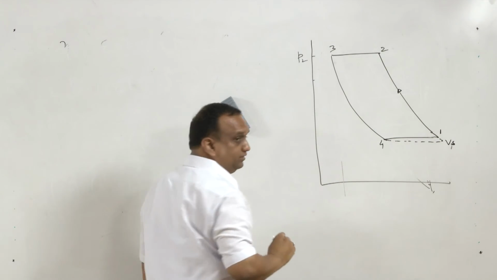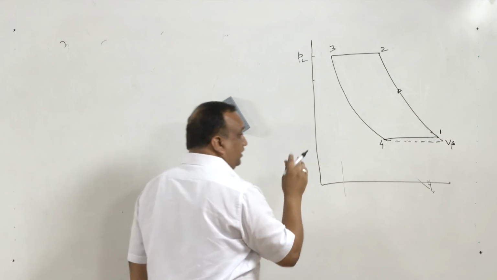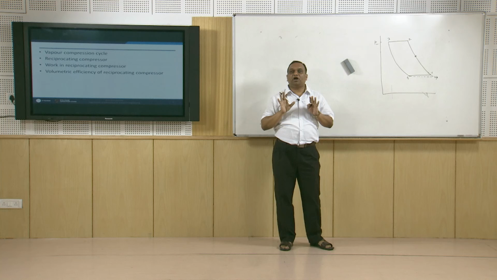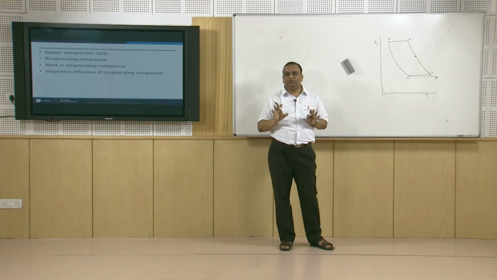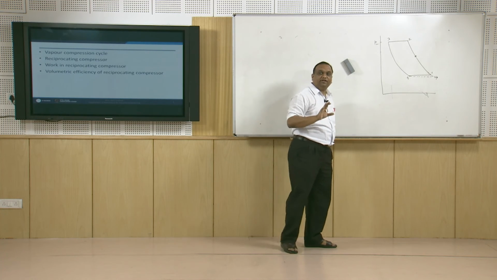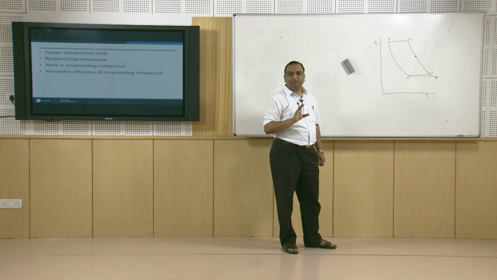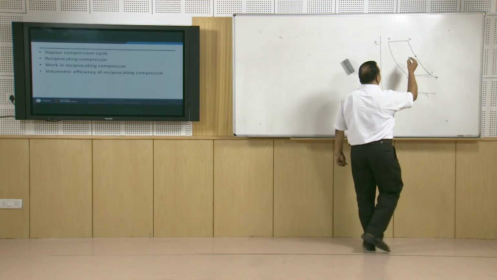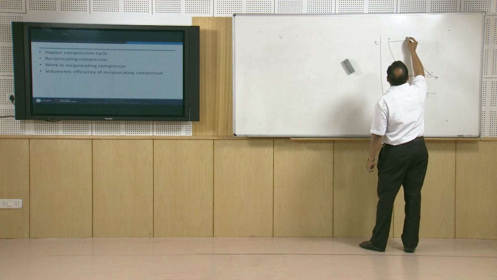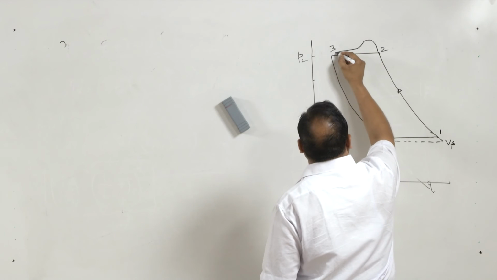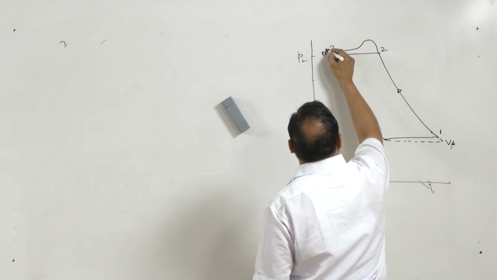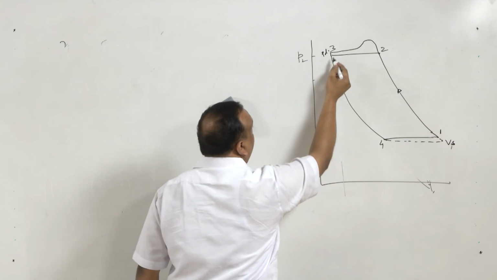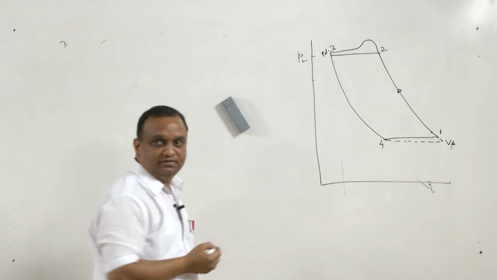Now the 2 to 3 process. The compressor has to push vapor out of the cylinder. Since vapor has to be pushed out of the cylinder, the pressure inside the cylinder should be more than the pressure in the pipeline. So the pressure curve will be something like this, and this is PD. So pressure will be slightly higher at the discharge.